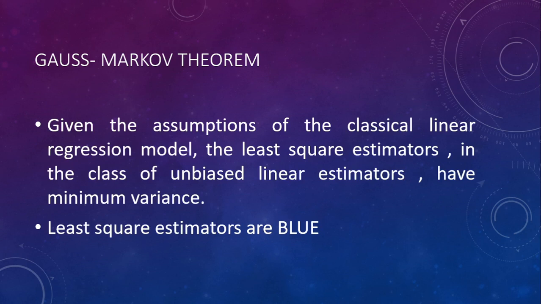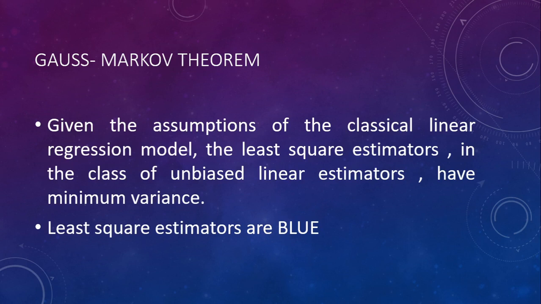Given the assumptions of the classical linear regression model, the least squares estimators in the class of unbiased linear estimators have minimum variance. So the OLS estimators have minimum variance in the class of all unbiased and linear estimators. Or simply we can say that OLS estimators are the best linear unbiased estimators.